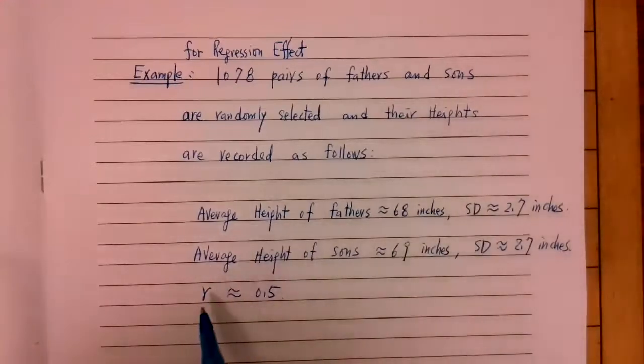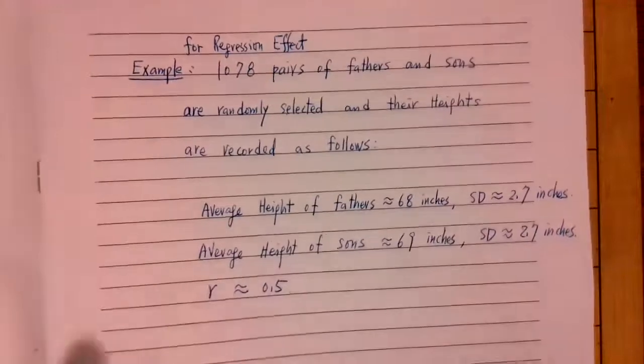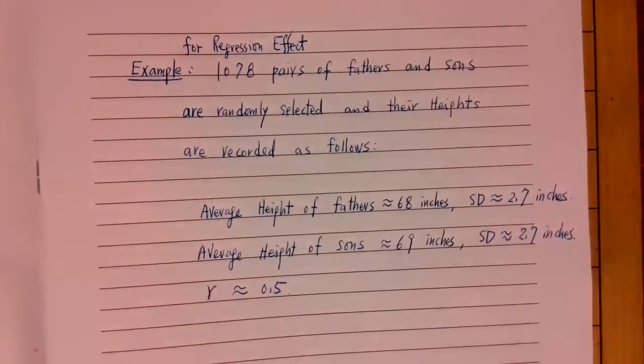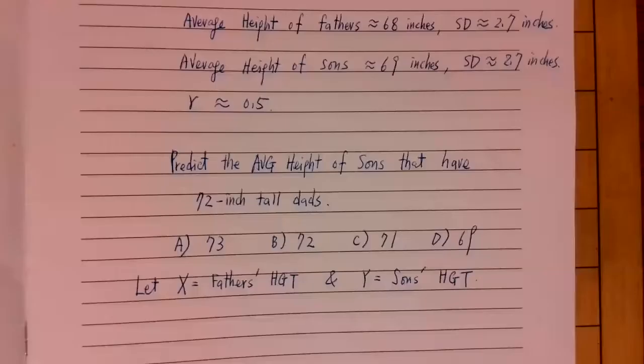And the correlation coefficient is 0.5. Predict the average height of sons that have 72-inch-tall dads. Which one is it? A, 73 inches; B, 69 inches; C, 71 inches; D, 72 inches.